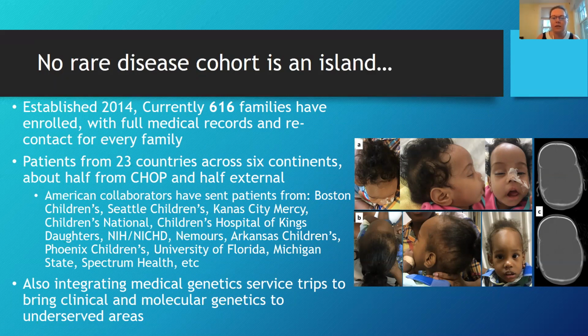And so I think that's a case that illustrates why a genetic diagnosis is important for families, and also the striking disparities between kids that I see in Philadelphia versus the ones that we see on our international trips.